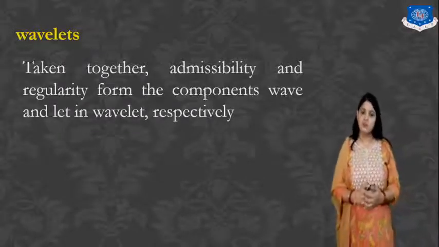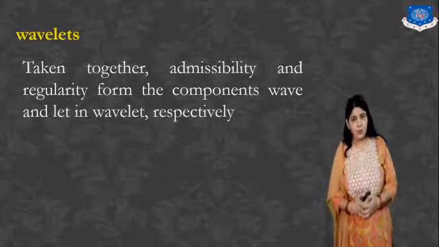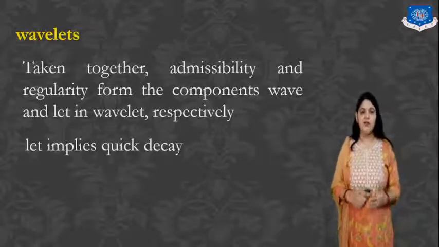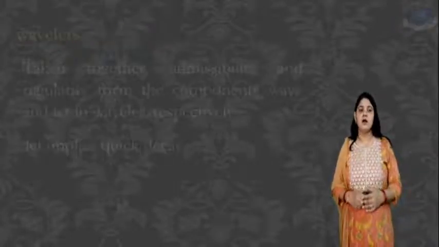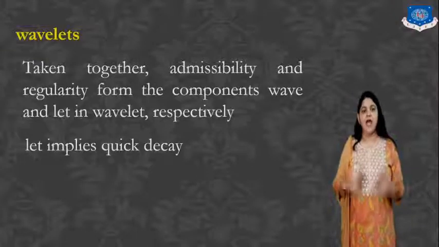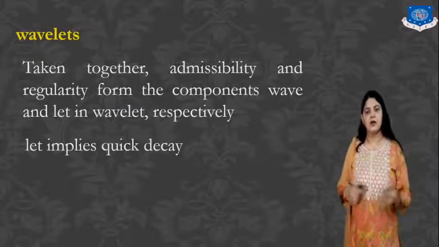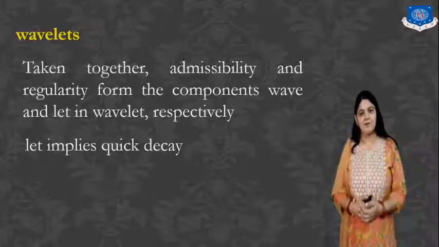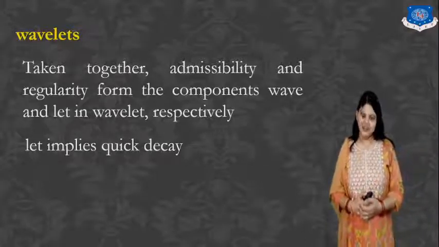Taken together, admissibility and regularity are the components of the wavelet which provide the decay. So this is about the wavelet, and these are the properties that can be used in the wavelet transform.